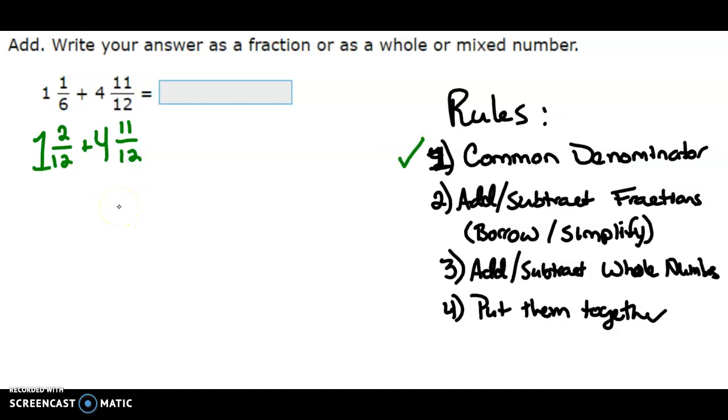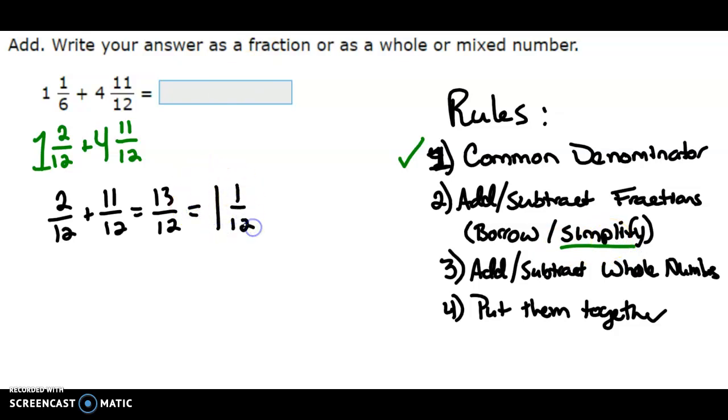Step 2, add or subtract our fractions. So we're going to have 2/12 plus 11/12, which equals 13/12. Now, we didn't have to borrow, but we can simplify this because 13/12 equals 1 and 1/12. That is considered simplifying a fraction because it's an improper fraction, so we'll turn it into a mixed number.